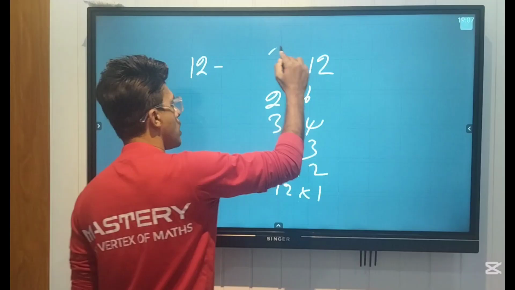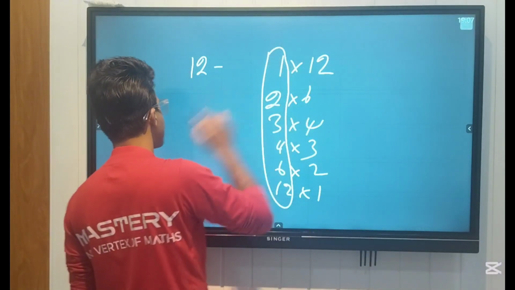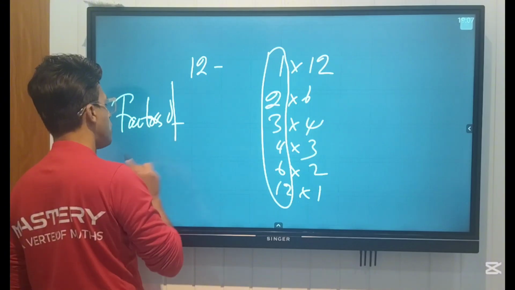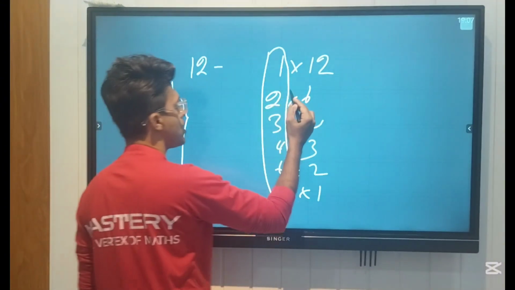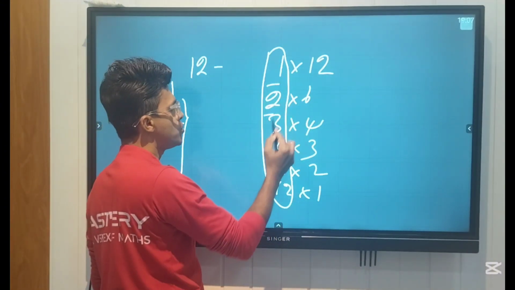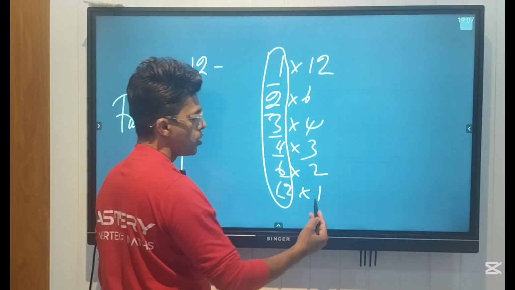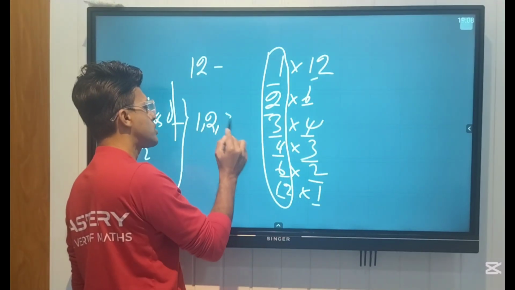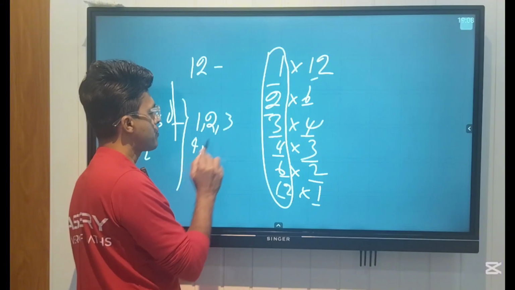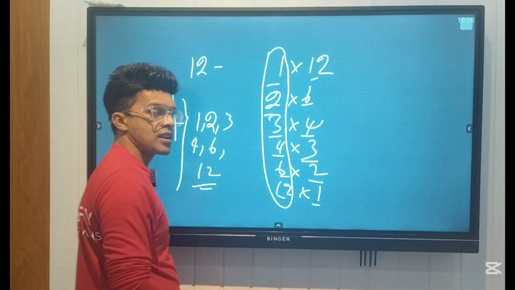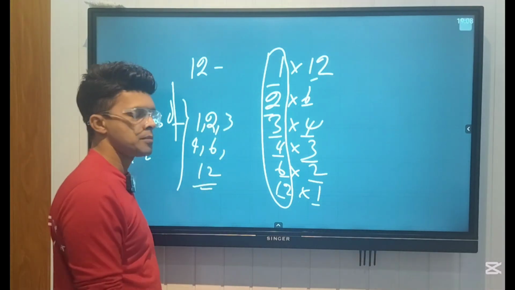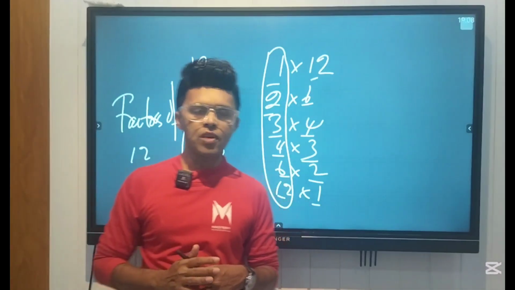The factors of 12 are 1, 2, 3, 4, 6, 12. How many factors are here? 1, 2, 3, 4, 5, 6.